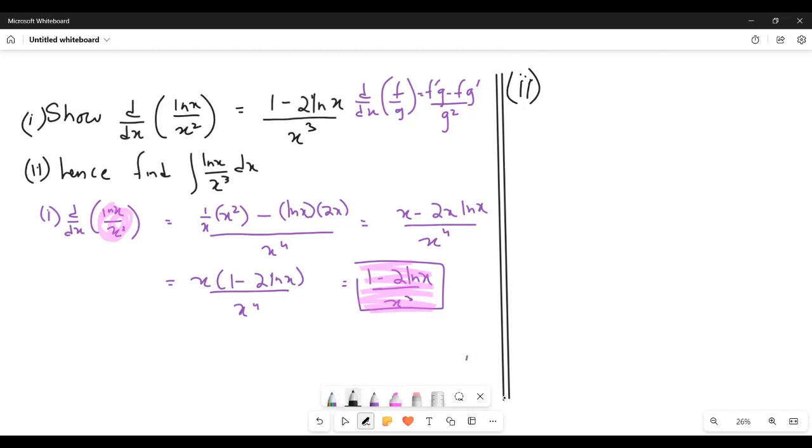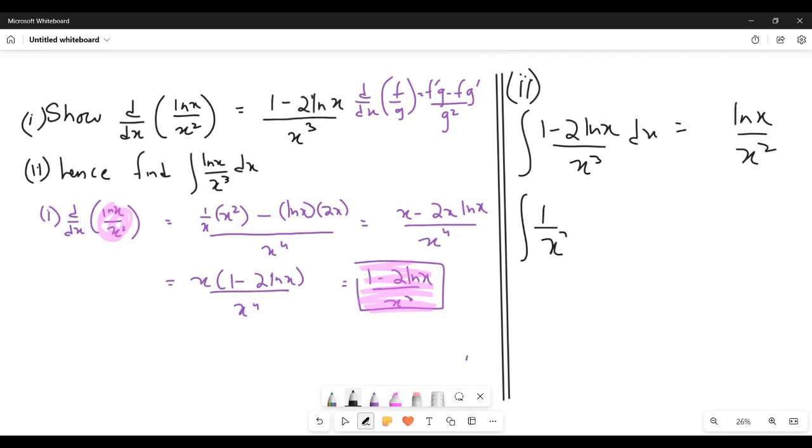So integration of 1 minus 2 ln x upon x cube equals ln x upon x squared. Split the integration: integration of 1 upon x cube dx minus integration of 2 ln x upon x cube dx equals ln x upon x square.